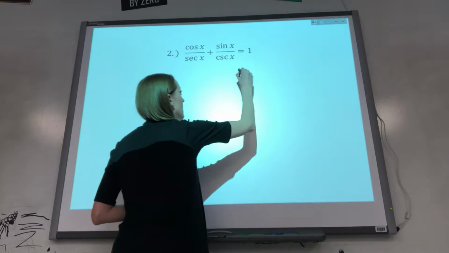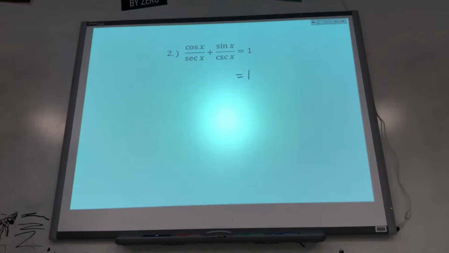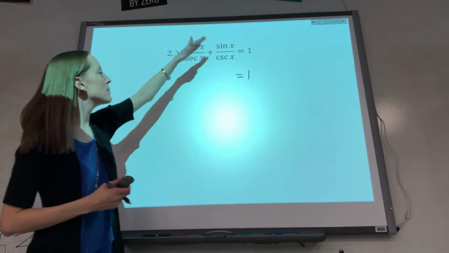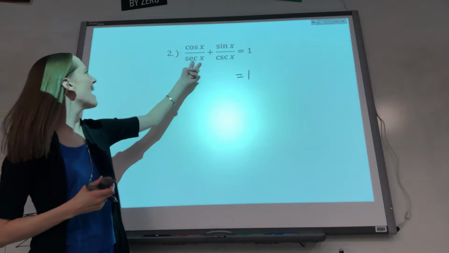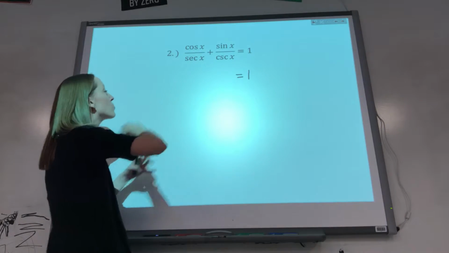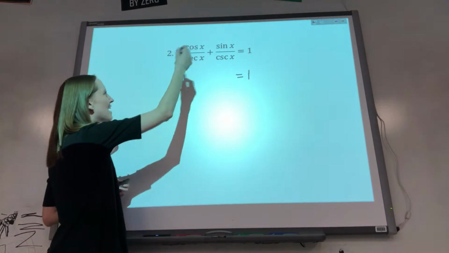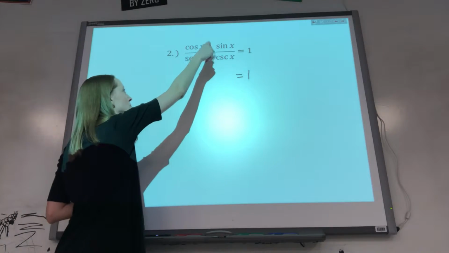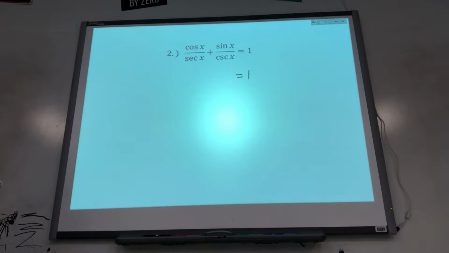Keep the right side, work on the left. Now, we do have fractions here, but it looks like these have already been broken apart somehow. I guess they've got different denominators, so maybe they didn't start out as one fraction. But it's not really something that you can break apart because it's just single terms on top and bottom.